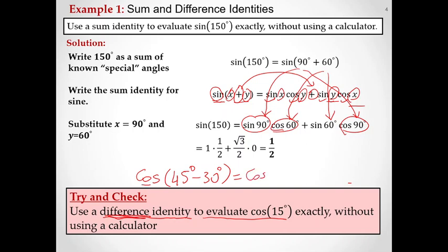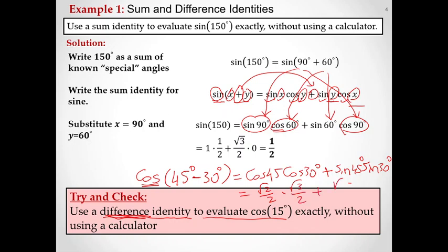So let's remember this. Cosine, it has to be cos cos, sine sine. And it will be 45, 30, and 45, 30. And this is minus, so it has to be plus. So this has to be square root 2/2. Cosine 30 is square root 3/2.